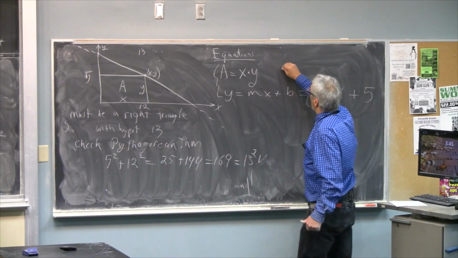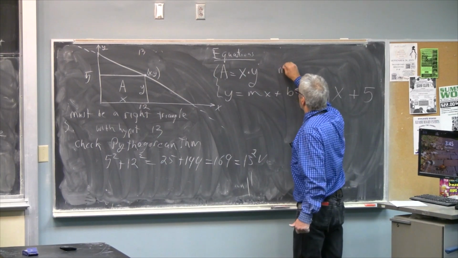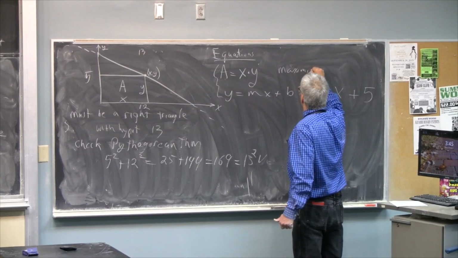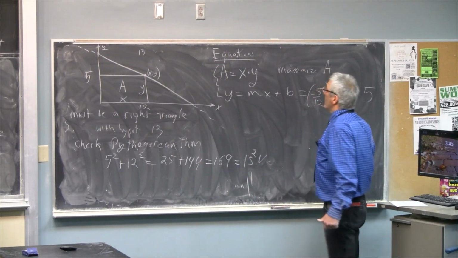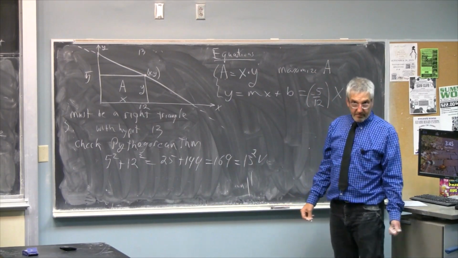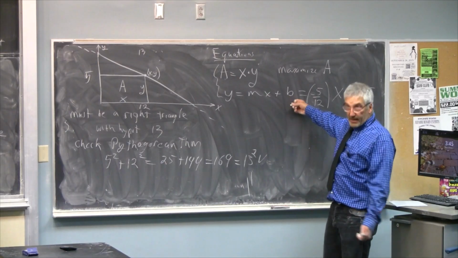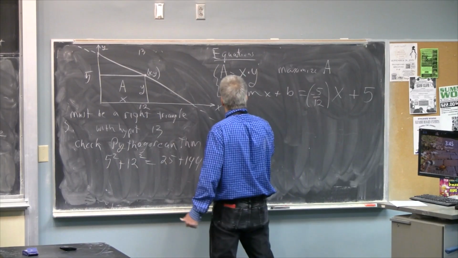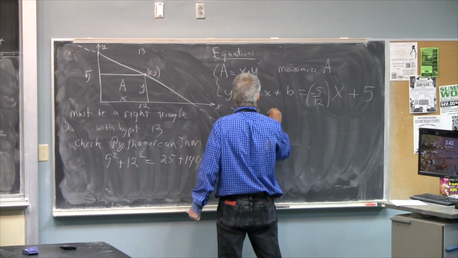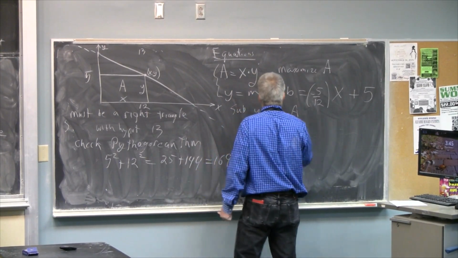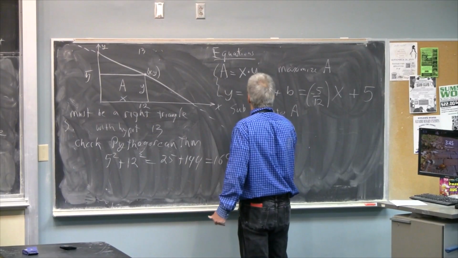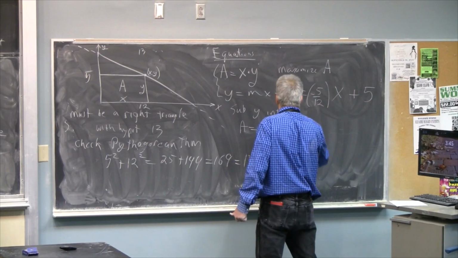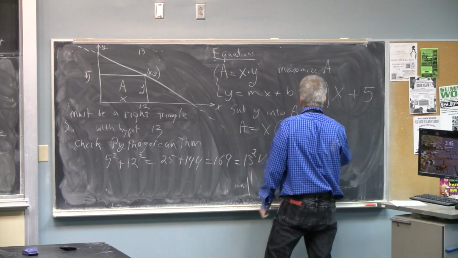We have, this is unknown, but we want to minimize or maximize A, but it involves 2 letters, x and y. But let's use the second equation to eliminate y. So we have A equals x times minus 5/12 x plus 5.